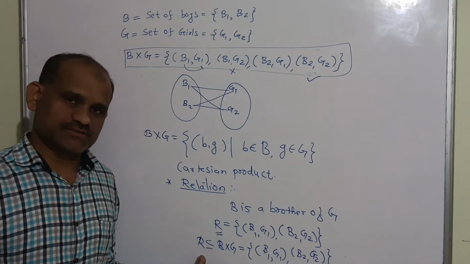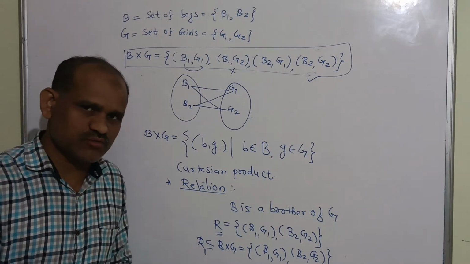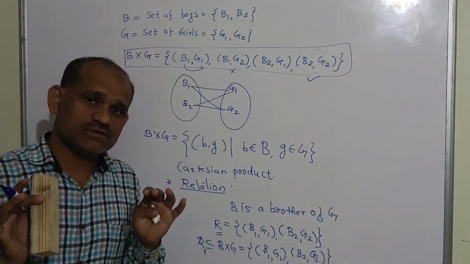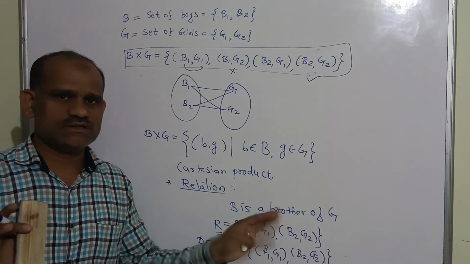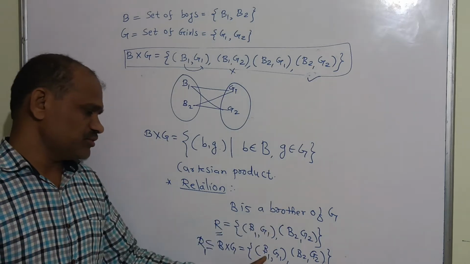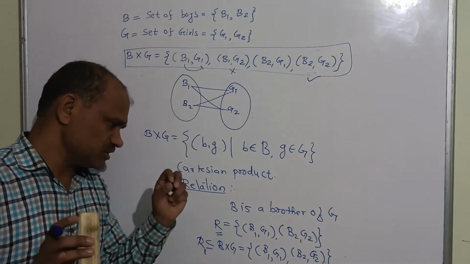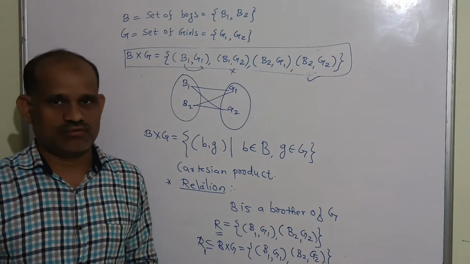This is the first type of relation, R1. In this relation, we only took those boys and girls who are brother and sister of each other. So B1 is the brother of G1, B2 is the brother of G2. Then we only take these terms in relation R1.